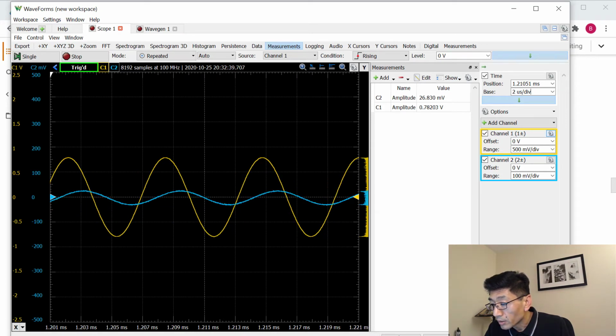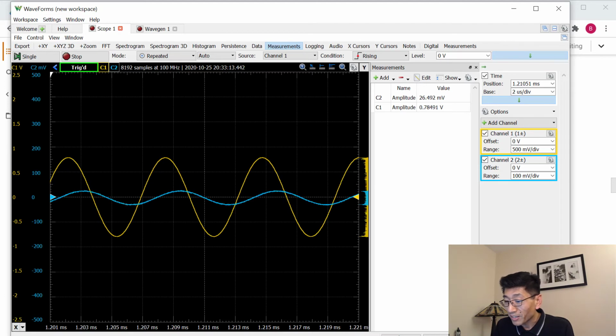For the amplitude of the second channel compared to the first one, I'm expecting 40 dB, 100 times smaller, so that should be 7.8 millivolts, but we're a little bit off there.